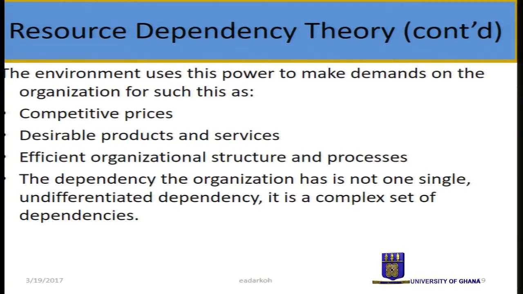That will tell you the variation between Voltic and other products on the market, and so on. So we're saying that it's also for desirable products and services. The environment may also demand what we call efficient organizational structure and processes.